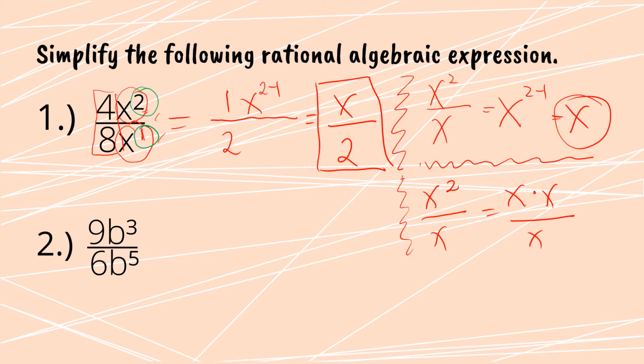Because since naka-factor sila, pwede tayong mag-cancel or you divide x over x. So, that is 1, no? Ang matitira na lang is 1 times x, no? Sa ilalim, 1 lang din yan. Pero, di ba, in any expression, pag ang denominator ay 1, pwede mo lang tanggalin. So, still, it will give you the final answer of x, no? So, same pa rin naman. So, pwede mo yung pag-iwalay.